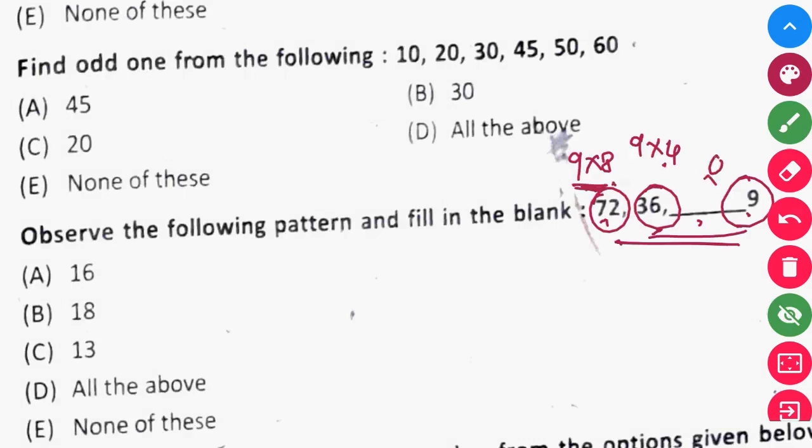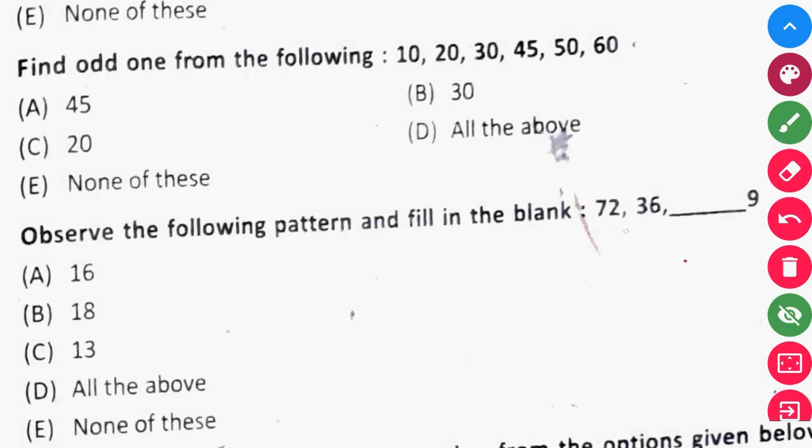So this is not a pattern. Now what is the pattern? 72 and 36, the difference is 36, or you can say 36 is doubled to get 72, or 72 is halved, divided by 2, to get 36.